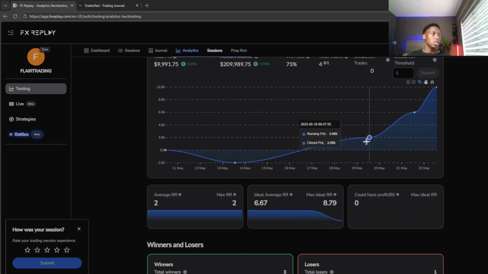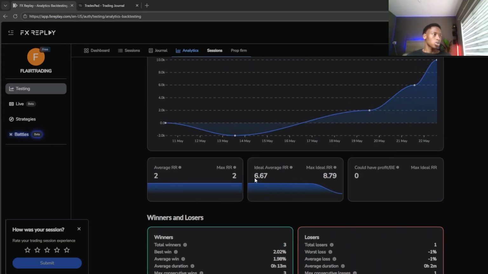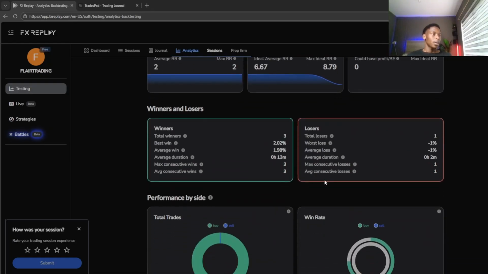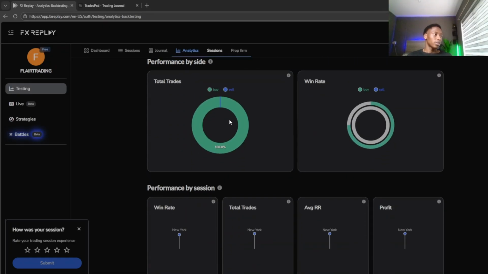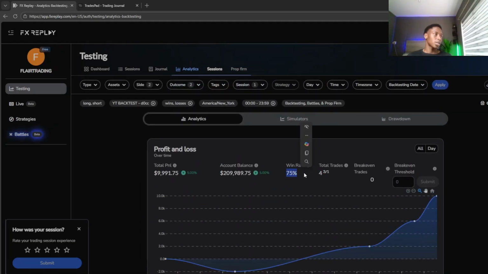We actually did take a loss, but we eventually started climbing all the way to the top. Our average R is 2, our max R is 2. Winners total 3, average duration like 13 minutes. So our trades are usually short. Losers are like 2 minutes, so we're in and out. We won 3 times in a row and lost once. So 75% win rate.